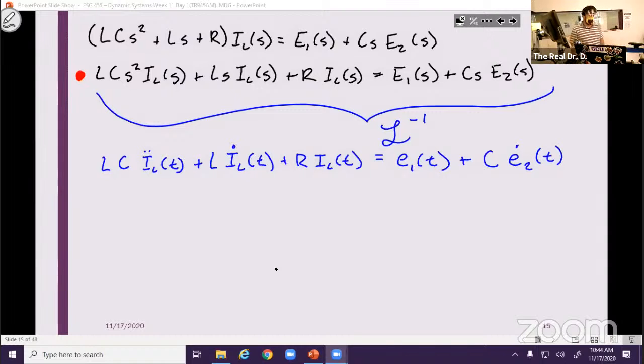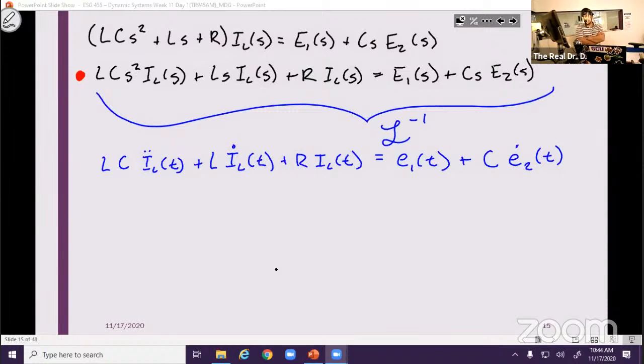You could also solve this for EC instead of IL, and you would have gotten a second order equation based on EC instead of IL. I chose IL, it doesn't matter for this exercise. If you need to do something like this, you'll be told specifically what to do.